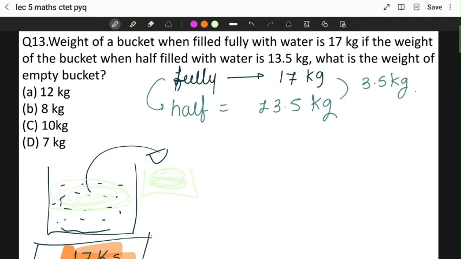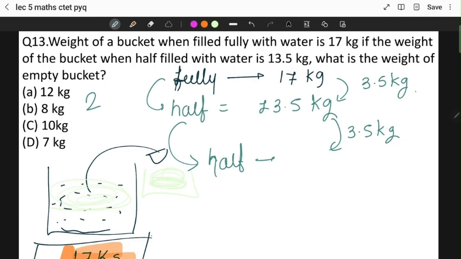If I reduce one more time the left out half water, how much will I remove again? 3.5 kgs only, because if the total is 2, for example, half will be 1.